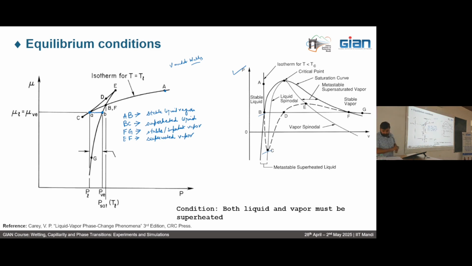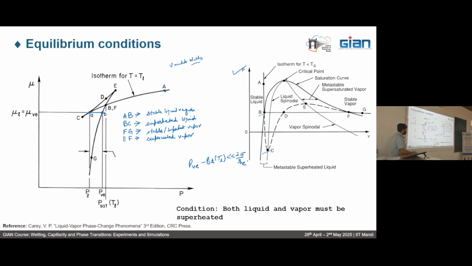Now, one assumption we also took 2-3 slides ago was that PVE minus P saturation at temperature TL is much less than 2 sigma by RE, and you can confirm that from this plot.